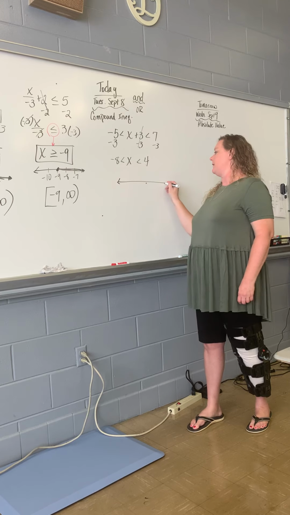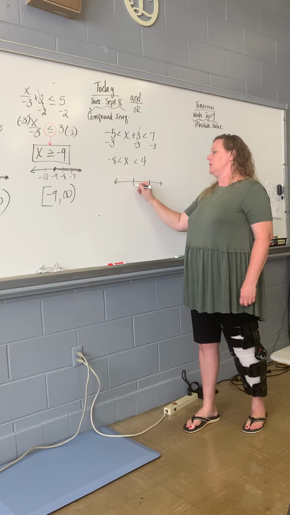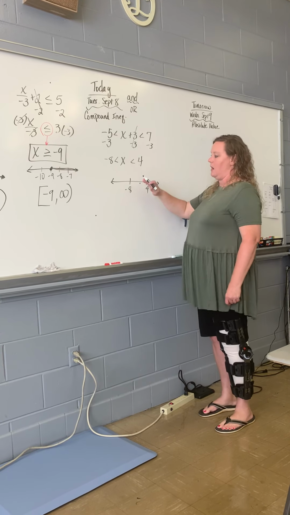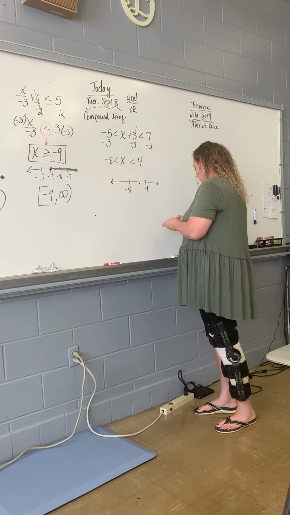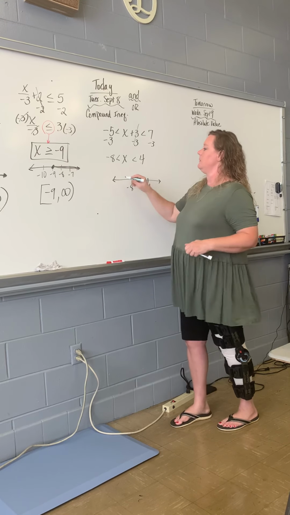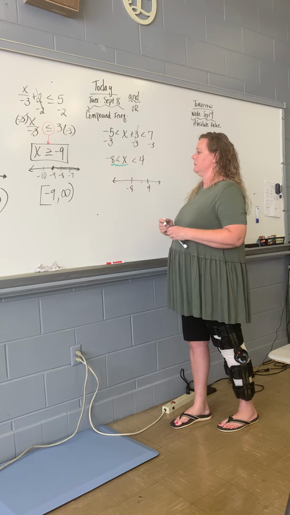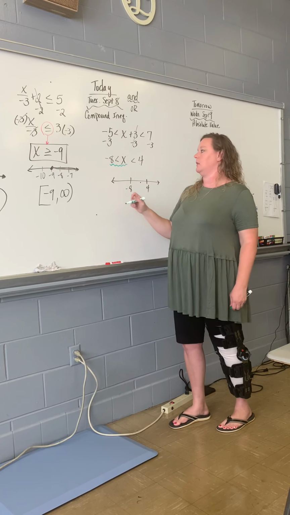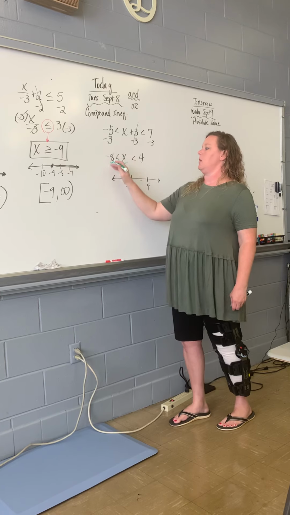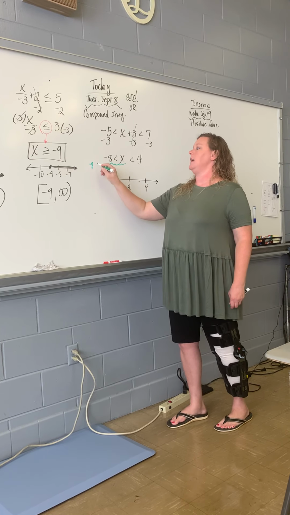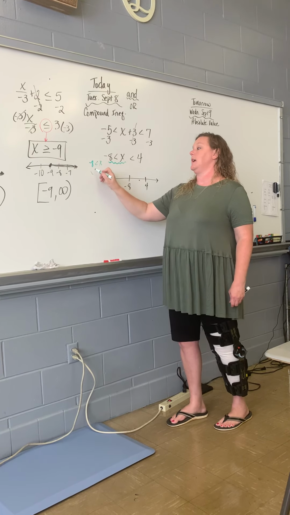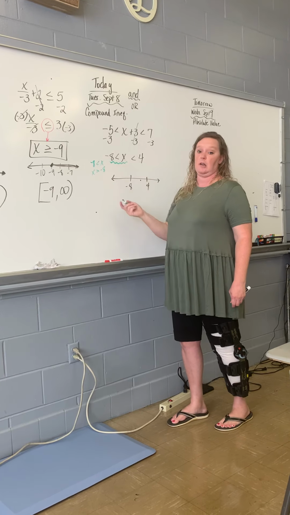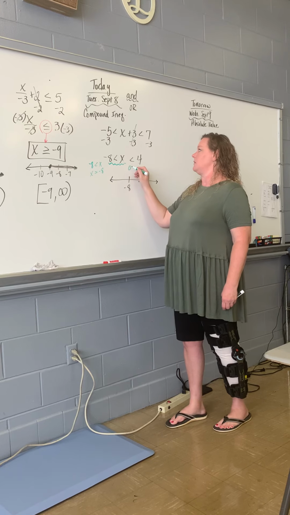So now I'm ready to graph it. I put my 2 numbers on the number line, and I always start above that graph. I'm going to do this one in green. Except I don't like to graph it with my x on the wrong side, so I'm going to flip this part around. If -8 is less than x, that means x has to be bigger than -8. -8 is smaller, so x is bigger, so it would go this direction.